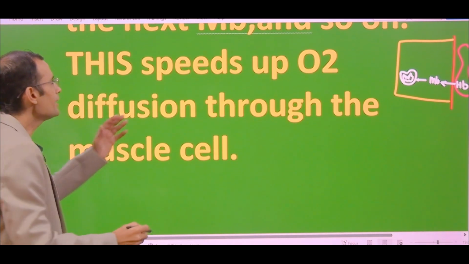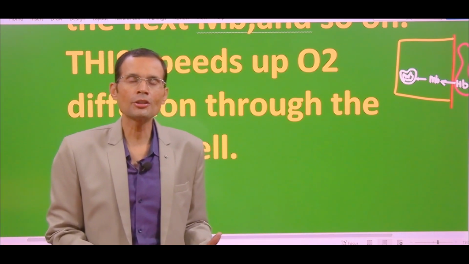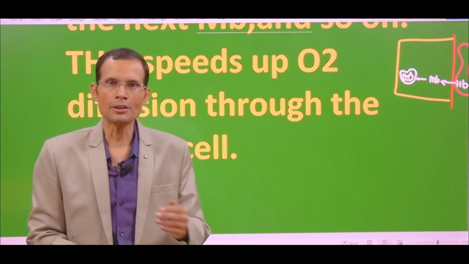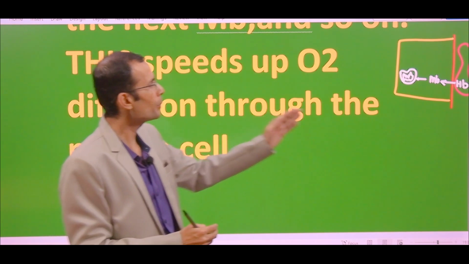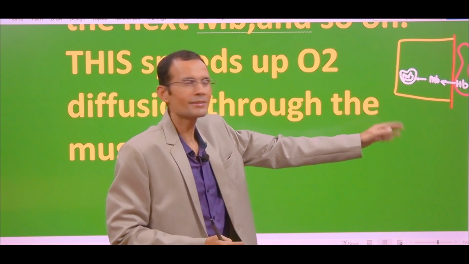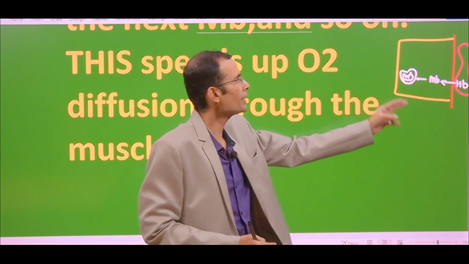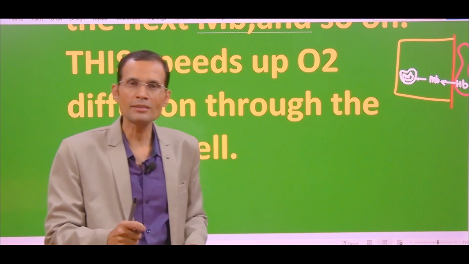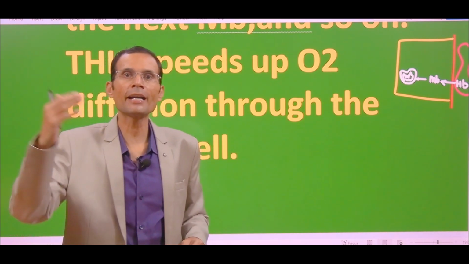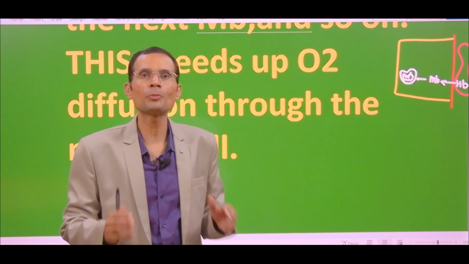Now this speeds up oxygen diffusion through the muscle cell. You know, oxygen by itself has low solubility. In other cells, it's okay that hemoglobin straight away delivers its oxygen inside the cytoplasm of the cell, and then it will eventually enter the mitochondria and ATPs will be generated. But muscle needs to generate ATPs rapidly and on a sustained basis. And the problem with oxygen is that it has low solubility.